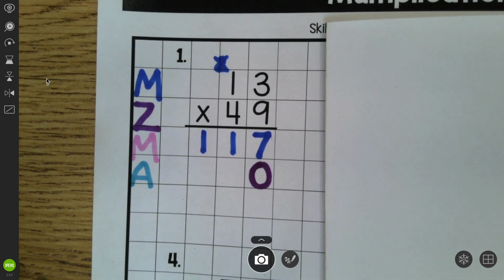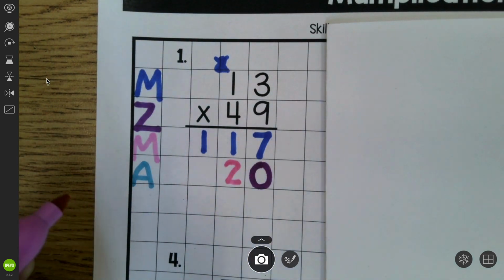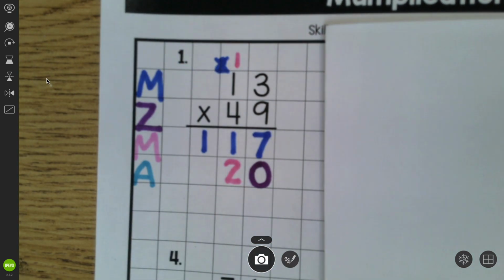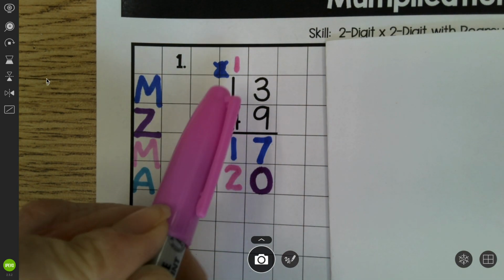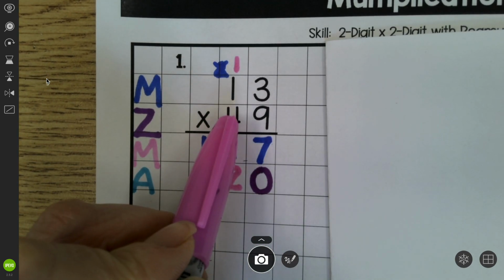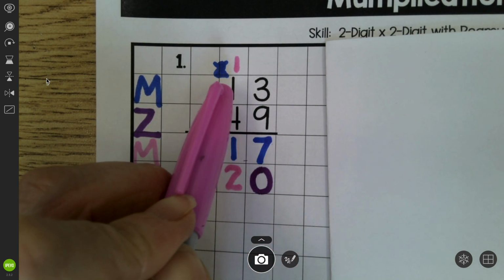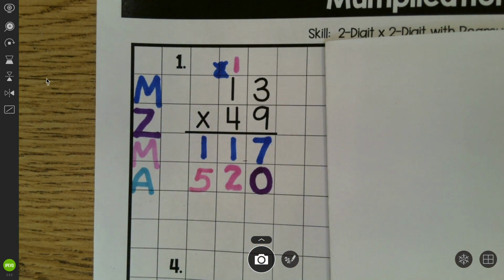I have a 2 in the ones place and a 1 in the tens place. So the 1 is going to go here. And I'm glad I crossed this 2 out before because I'm not going to be confused. I'm not going to accidentally add 2, okay? So we multiplied the 4 times the 3 in the ones place. Now we're going to multiply 4 by the 1 in the tens place. 4 times 1, remember, anything times 1 stays the same, is 4. 4 plus 1 is 5. Okay?